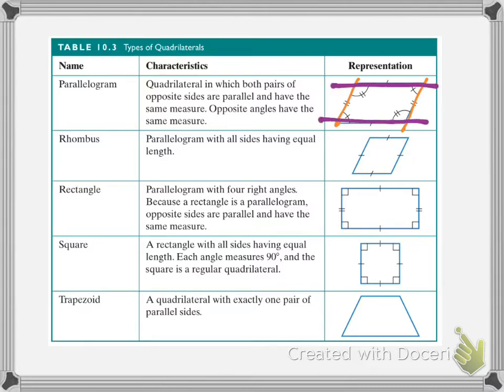The purple ones are parallel and the orange ones are parallel. And actually these sides are the same length, and then these two orange ones are the same length too. Okay, so that's called a parallelogram. And then a rhombus is basically a parallelogram where all the side lengths are equal. So it's like a square that's tilted or slanted.